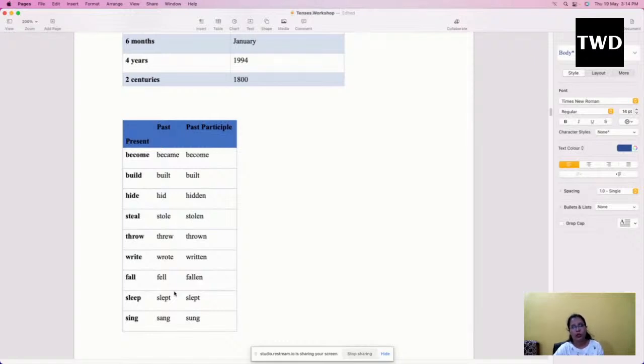So it's better to download that sheet from Google. You will get it from many sites. Download it and then try to memorize it, and after that try to think about how you are going to use them in your sentences, or you can just write sentences while you are memorizing. Like you can write one sentence with become, and then became, and then become again.